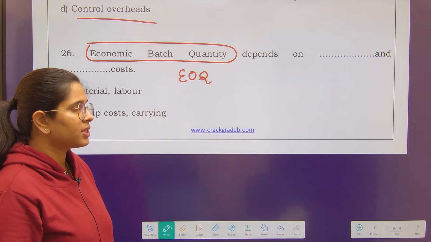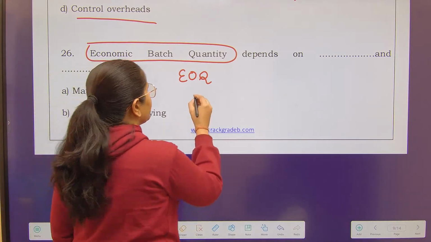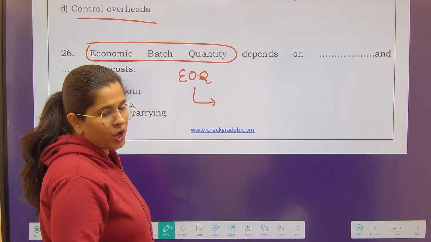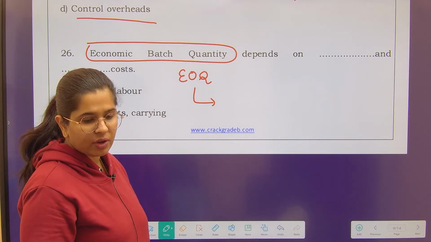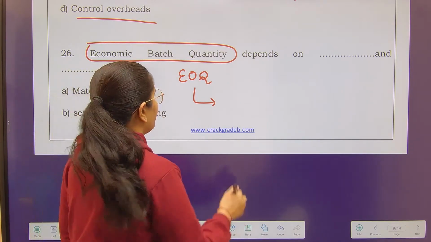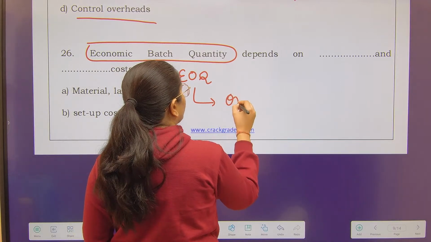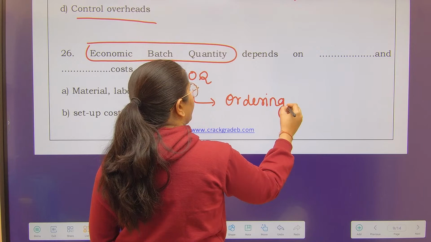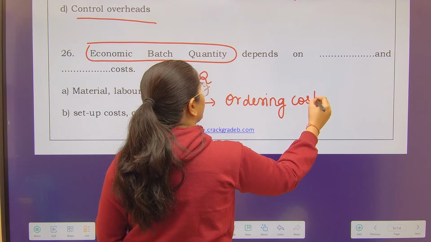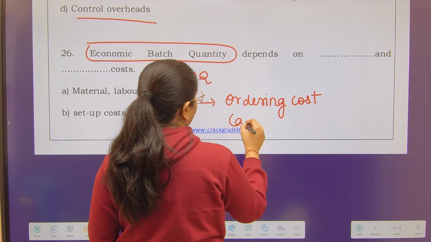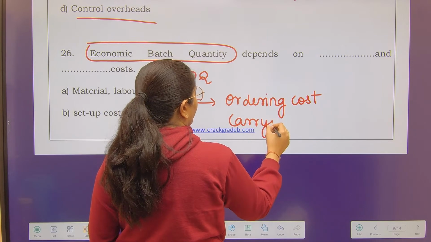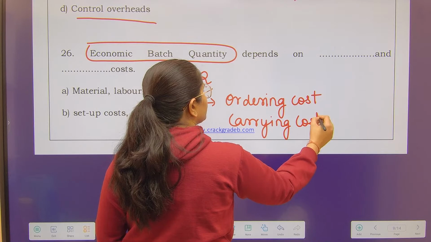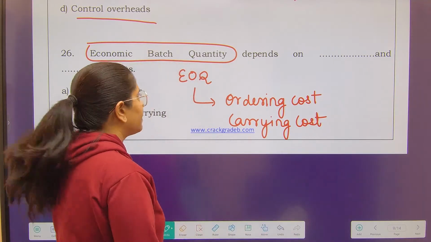In this you aim to find out the quantity at which your ordering cost and carrying cost will be the same, right?